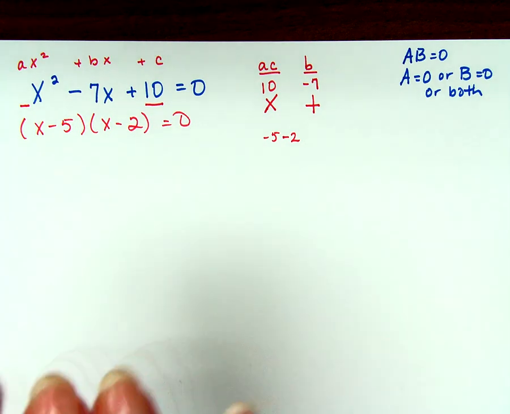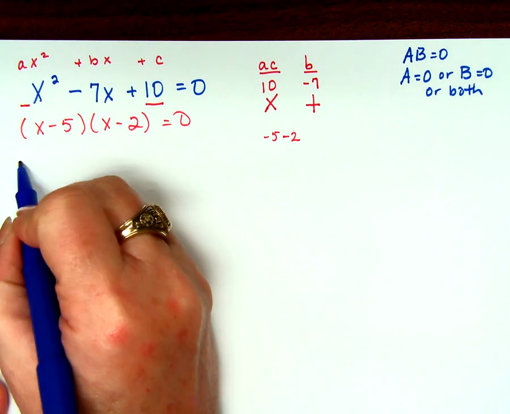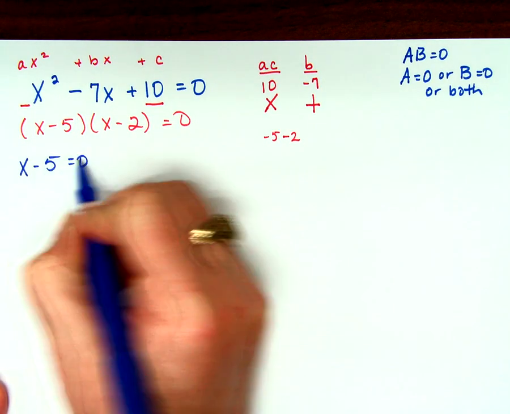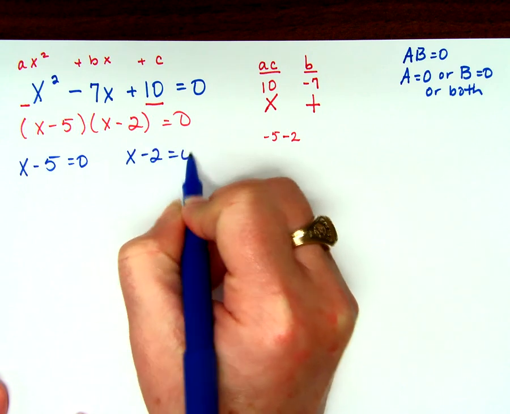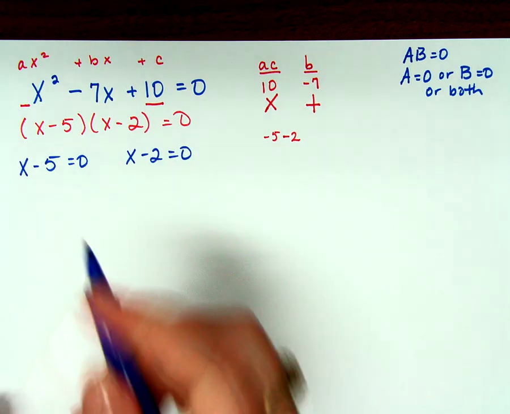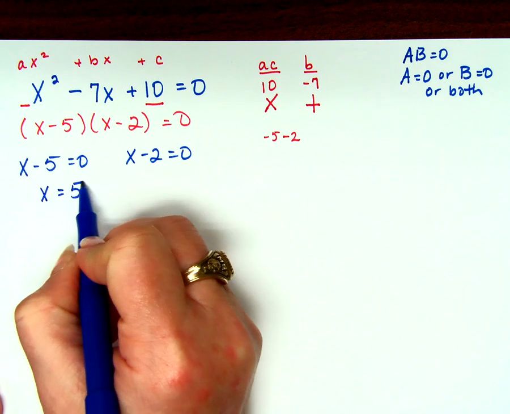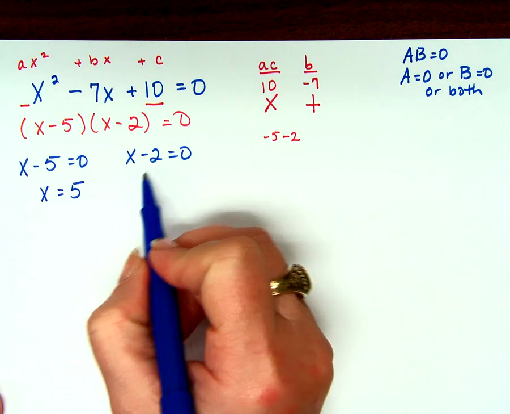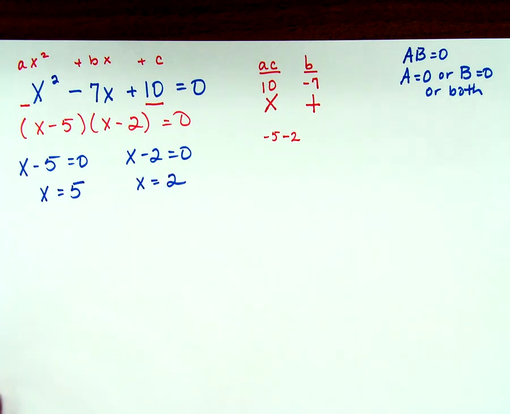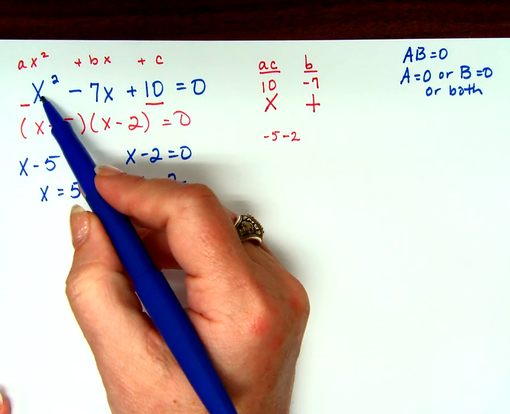But so that we don't ever leave any answers off, we just always do both. Does that make sense? Now if I'm solving for x, I just have to add 5 to both sides to get x equals 5. I have to add 2 to both sides to get x equals 2.